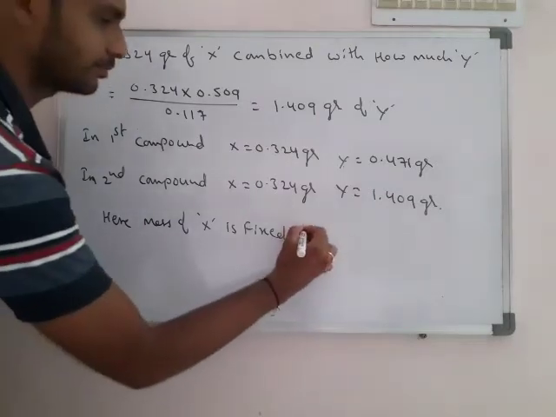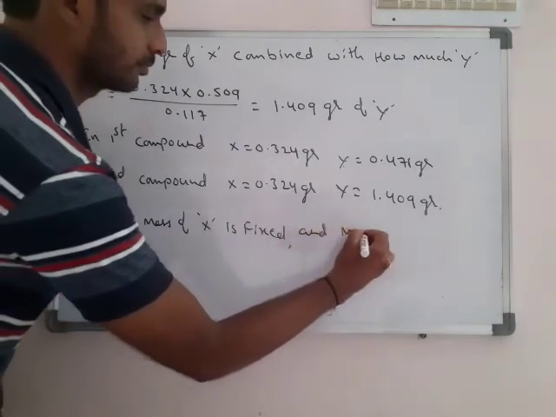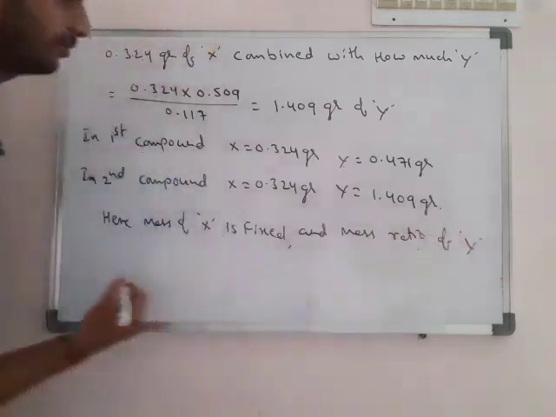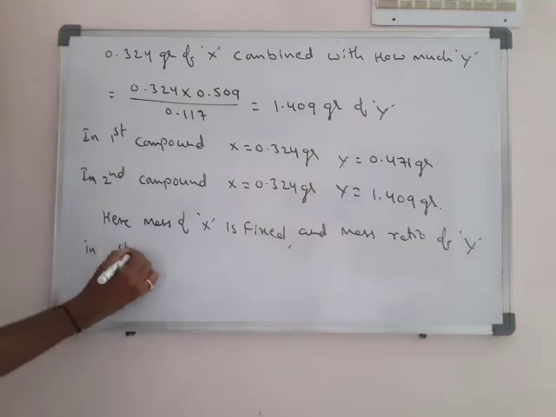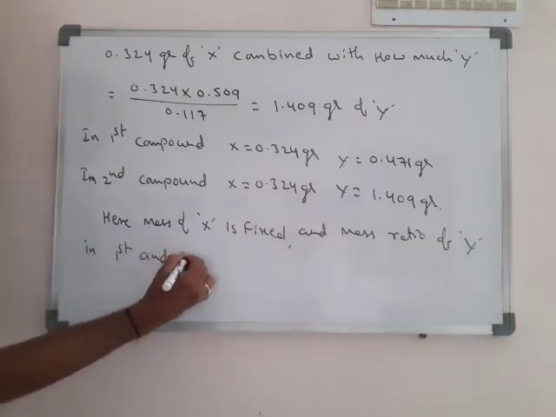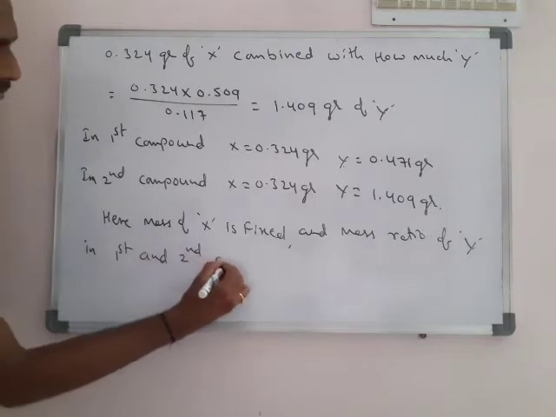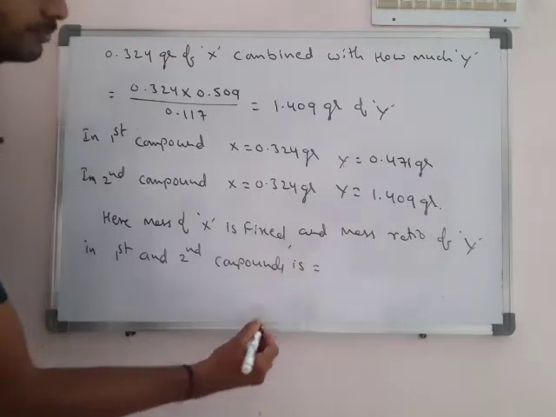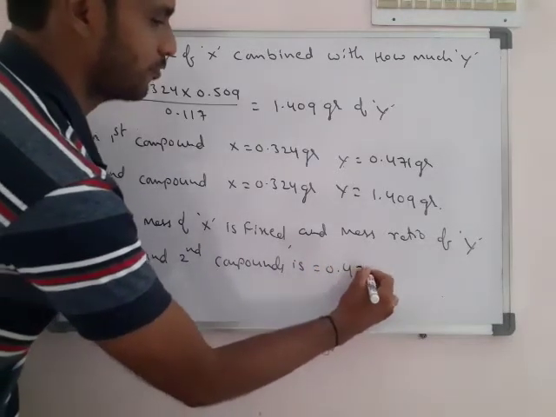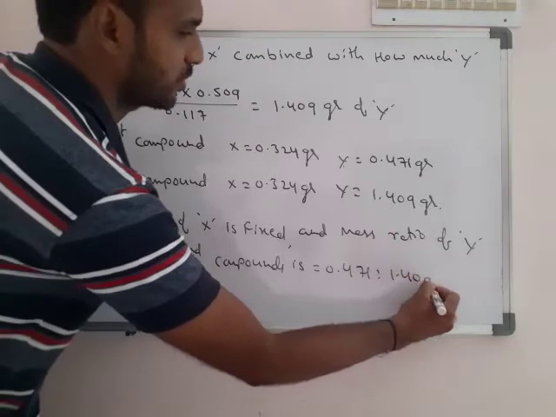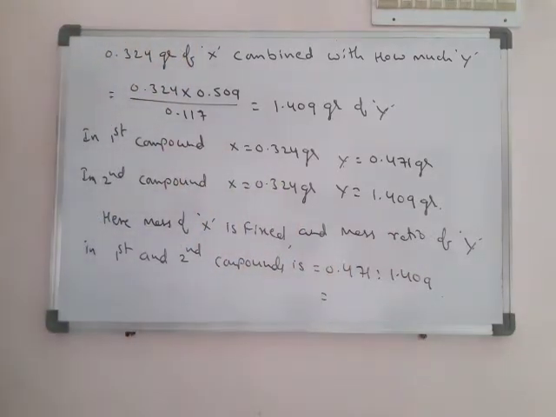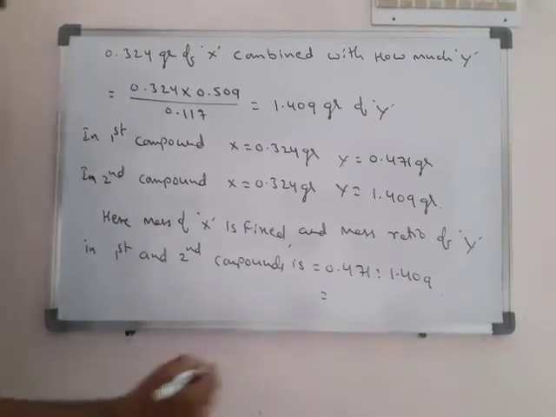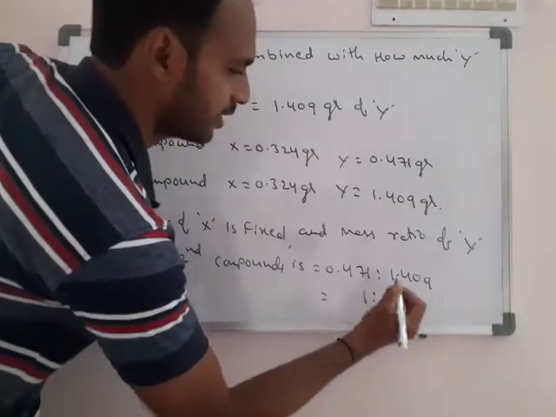So and mass ratio of y in first and second compounds is how much? 0.471 to 1.409. So we have to take this ratio. So on calculation we will get the ratio, that is exactly 1:3.